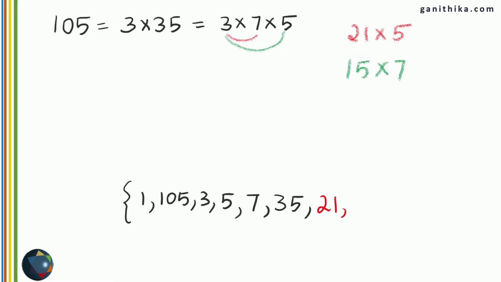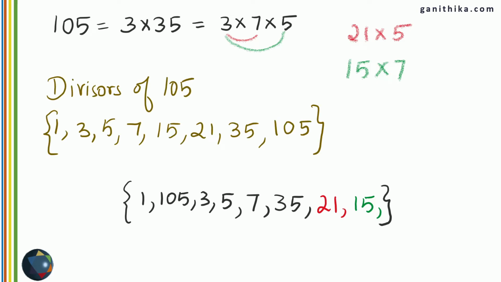So 15 times 7 will give you 105. We already have the 7 in the list, so what is left over is 15. So I'll put 15 here. Now I don't have any other combinations of 3, 7 and 5 here, because 7 and 3 is 21, 7 and 5 is 35, which is already there. 7 and 5, 3 and 5, 7 and 3, we have collected all of them. Therefore, this is the final list for the divisors of 105. So this is one way of finding all the divisors for any number.